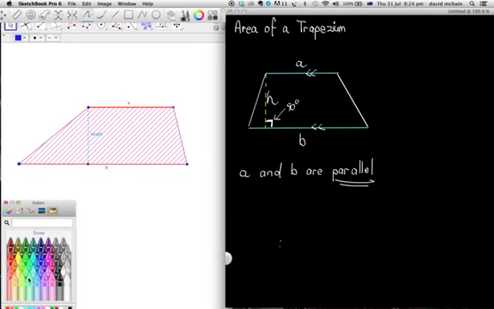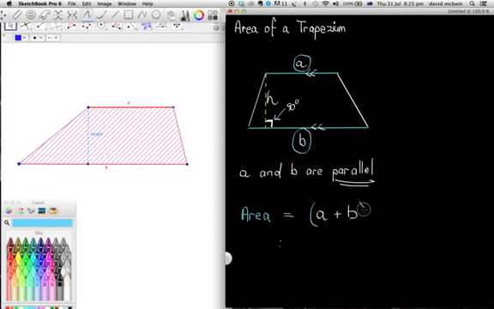The area of a trapezium is equal to A plus B. So we add these two lengths together first, A and B. Then we multiply that by this perpendicular height.